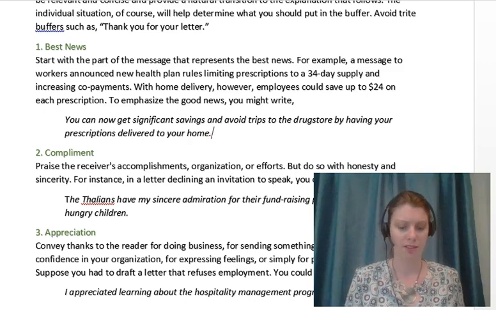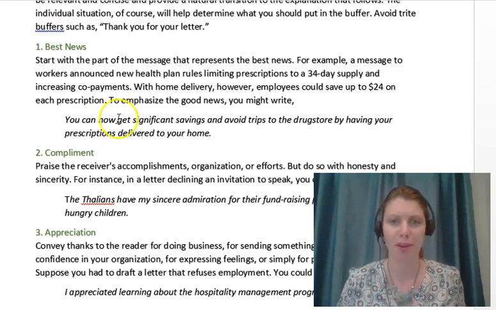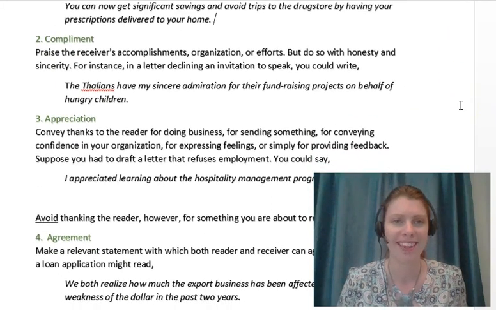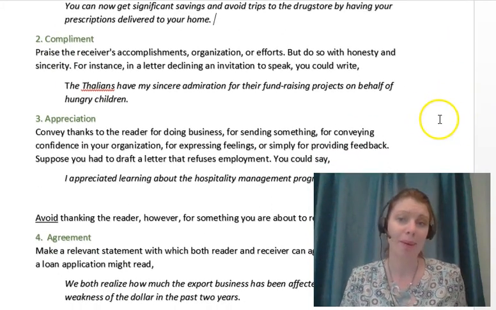Sounds nice. It's a decent opening before they tell us that we're going to have a limit and the price is going up. You could also start with a compliment.